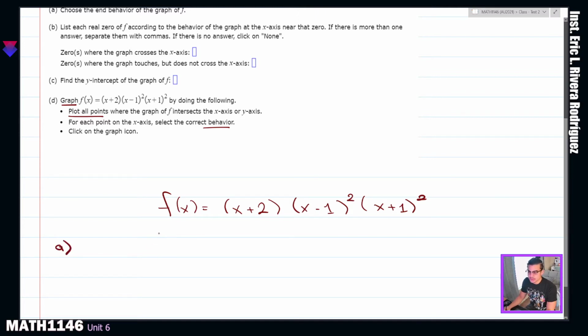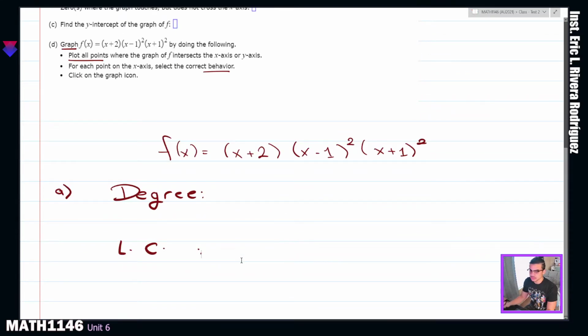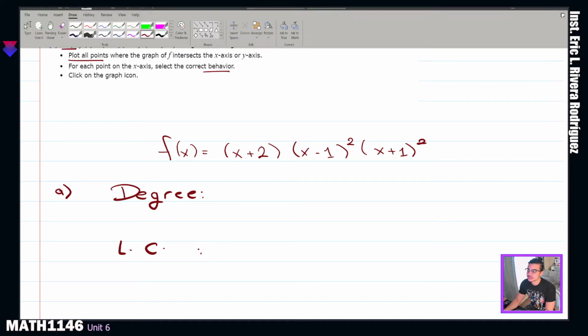So we are going to start identifying the degree and the leading coefficient. How can we identify the degree of a polynomial if we have the factor form? From the factor form of a polynomial, how can we identify the degree of that polynomial? Who can remember that?